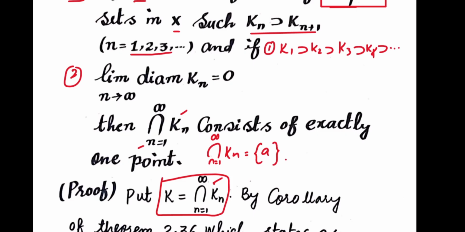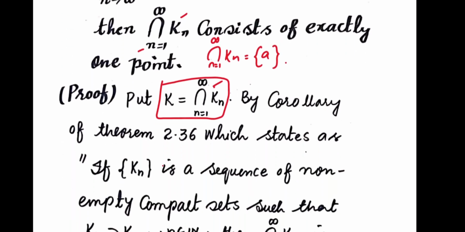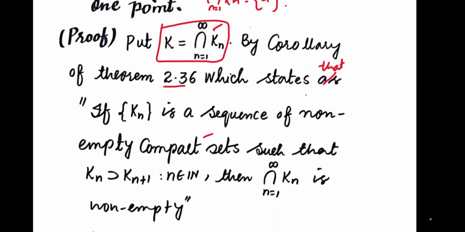Now, by the corollary of theorem 2.36 in chapter number 2, which states that if Kn is a sequence of non-empty compact sets, you can see this corollary from chapter number 2. It can be stated as: if we have Kn, a sequence of non-empty compact sets such that Kn is a superset of Kn plus 1 for all n belonging to positive integers, then this intersection is always non-empty.